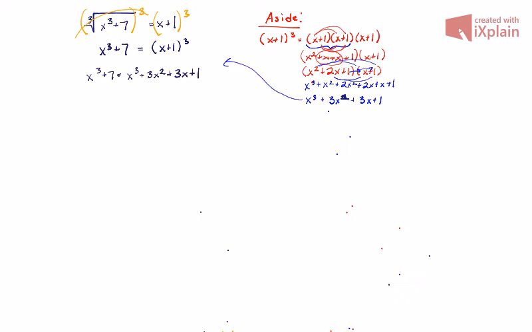Okay, so I would say, first off, let's subtract an x cubed from both sides. Fortunately, this is going to clear them out. So now we have 7 is equal to 3x squared plus 3x plus 1. What is that starting to look like to you?